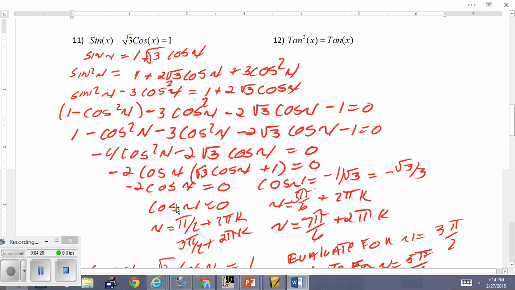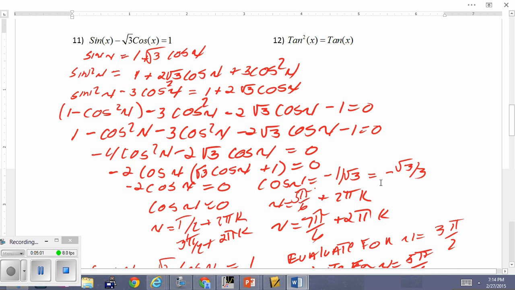And of course, this collapses to cosine x equaling 0, which we know is the intercepts of the cosine, which happen at pi over 2 and 3 pi over 2, and then again with the regular period alterations of plus 2 pi k on both of them. And then over here, we have the cosine of x equaling negative 1 over radical 3, which is alternately written as negative radical 3 over 3.